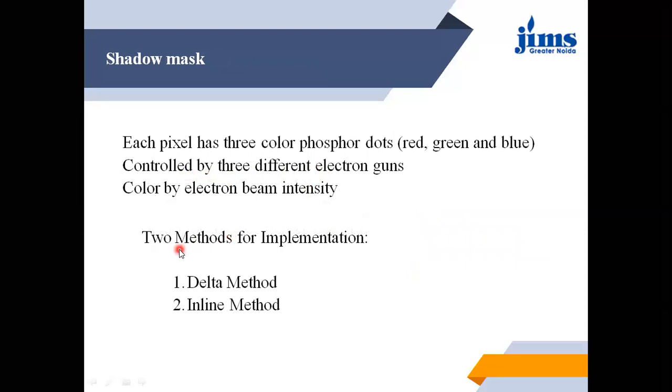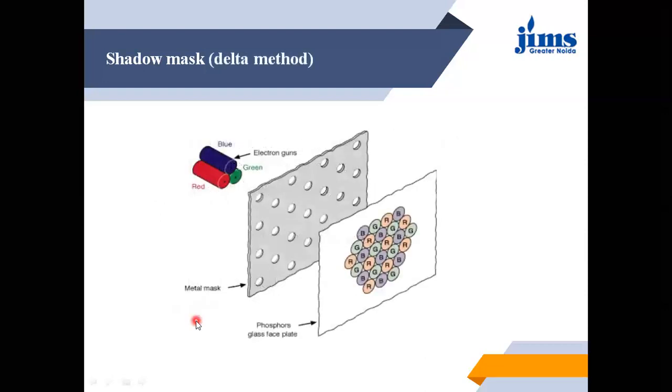There are two different types of implementations by which we can perform the shadow mask operation: the delta method and the inline method.